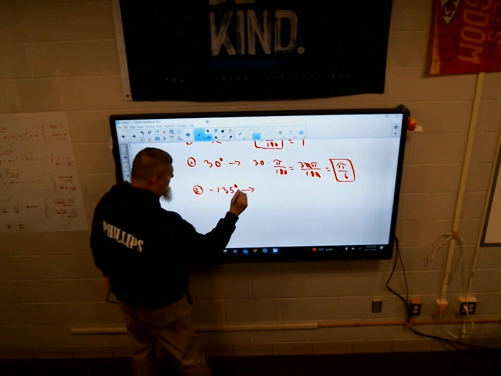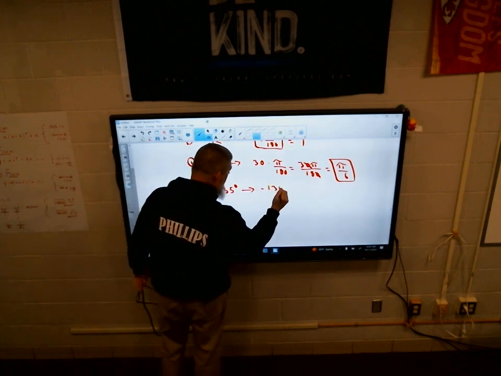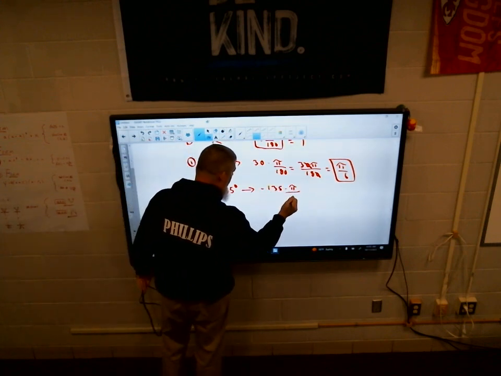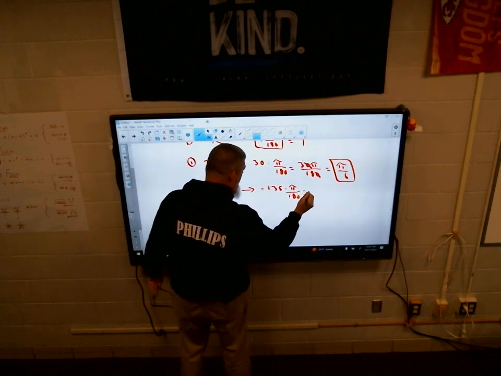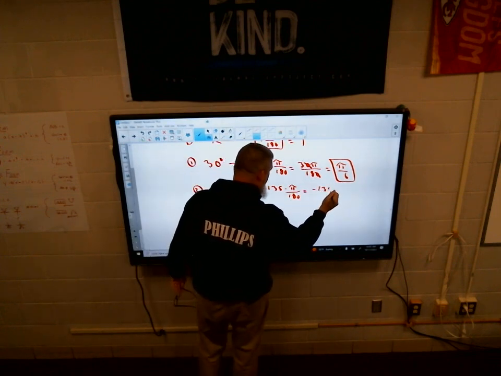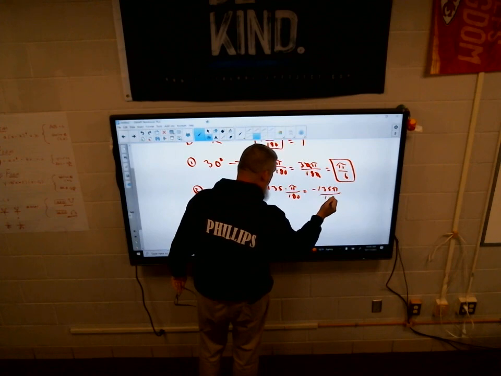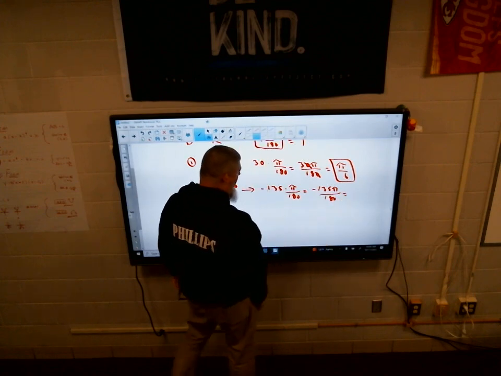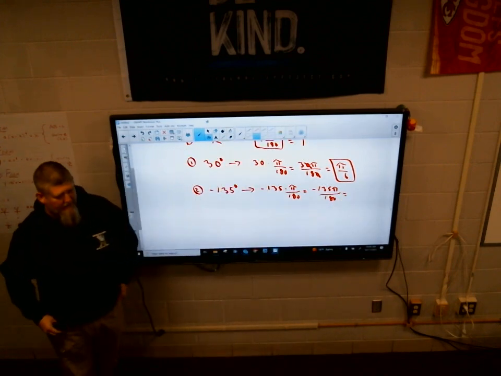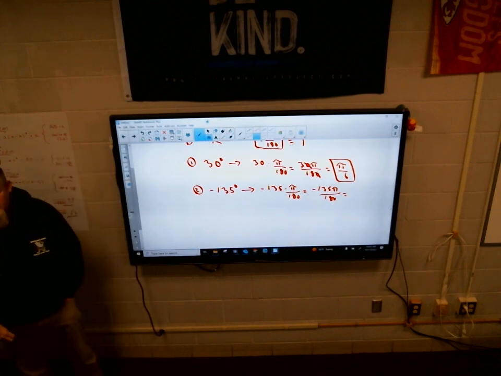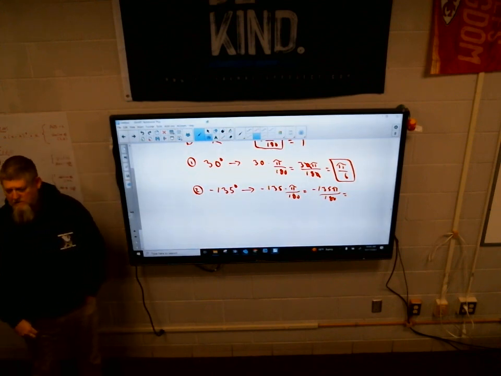We would take negative 135, multiplied by pi over 180, which gives me negative 135 pi over 180. And how does negative 135 and 180 simplify? Reduce that fraction. What do you get?